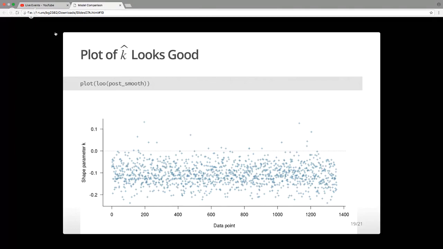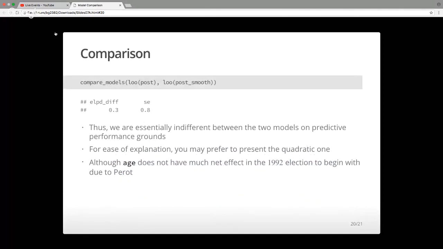Another question, Robert? Compare models gives you the ELPD of the second one minus that of the first one? Yes. So the difference here is basically zero. We have some uncertainty because all of this is estimated, and the uncertainty is large relative to the estimated difference. So that's saying, okay, this model is more flexible, so it's going to fit the existing data better.